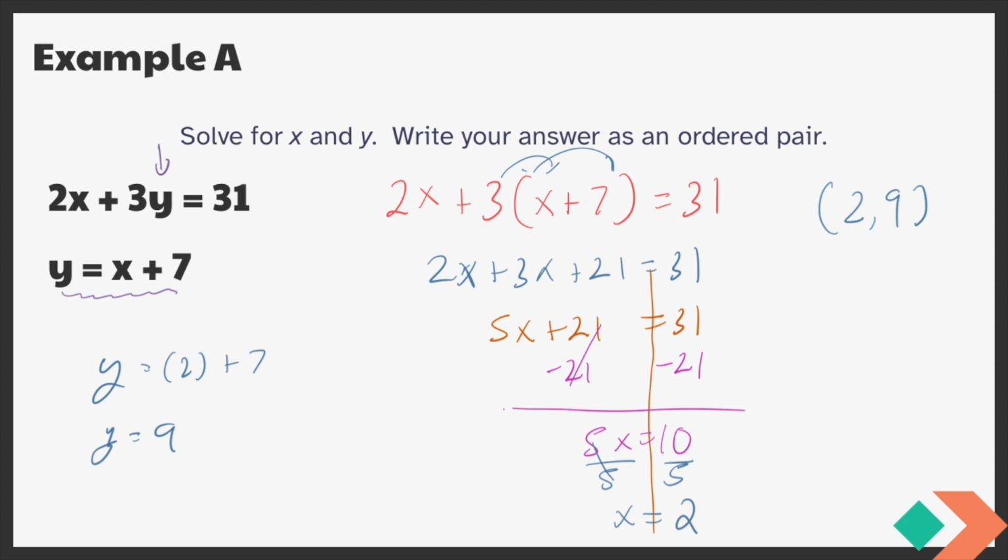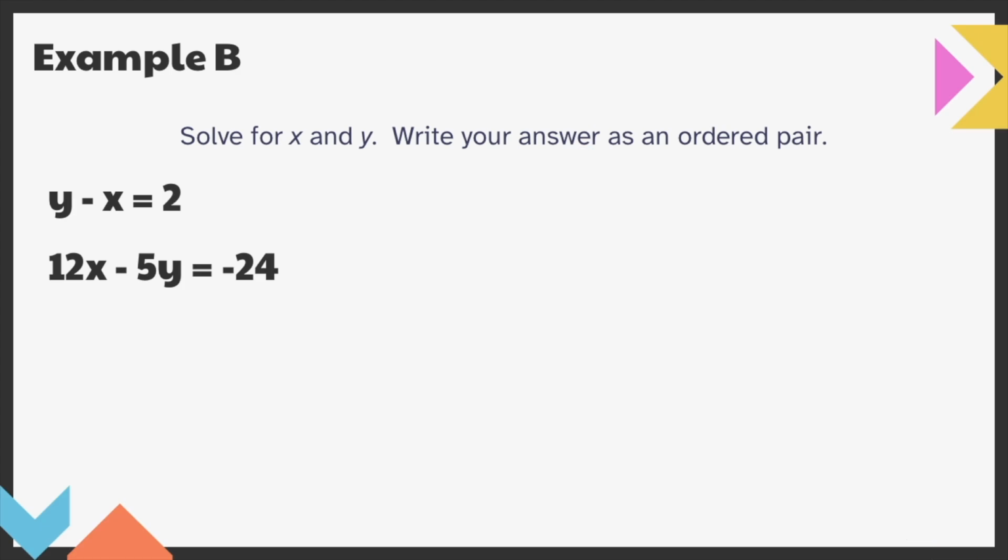Now let's take a look at example B. Here we are at example B, and again it says solve for x and y and write our answer as an ordered pair. So this time, unfortunately, neither of our variables on either one of our equations has been isolated. We have y minus x, so those variables are together, and 12x minus 5y, those variables are together. So we have to choose one to isolate. It's the easiest thing to do to take that x away from the top equation.